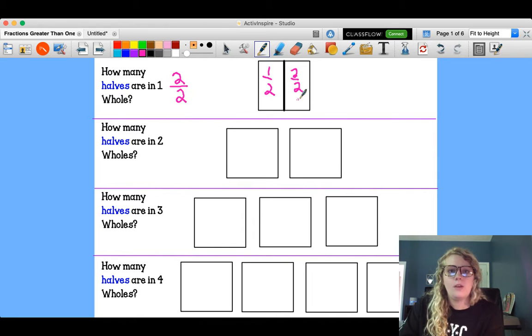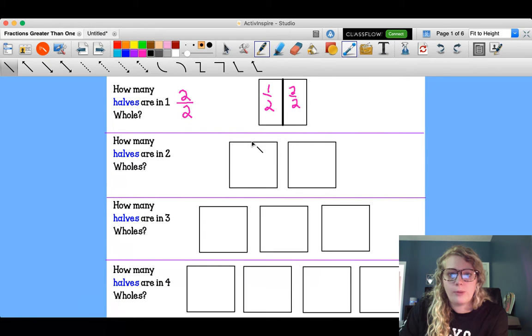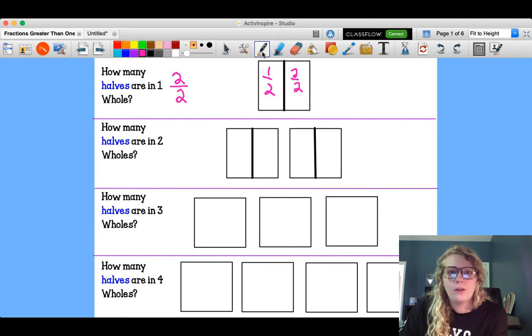Moving on to the next one where we have 2 wholes. So I'm going to be partitioning both of these wholes into 2 equal parts, in half, 2 halves. And again, there's 2 equal parts in each whole, so my denominator is not changing. It's still going to be 2.